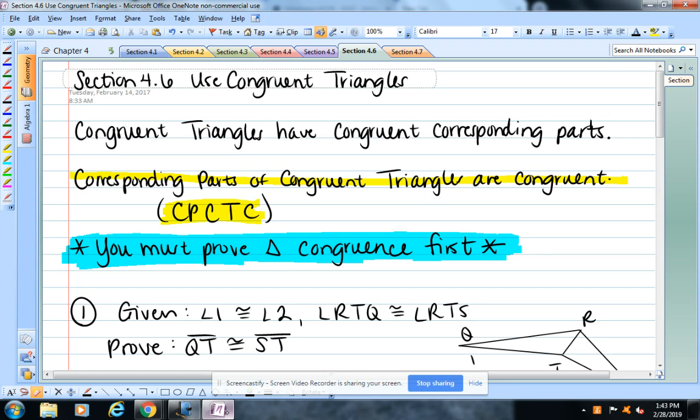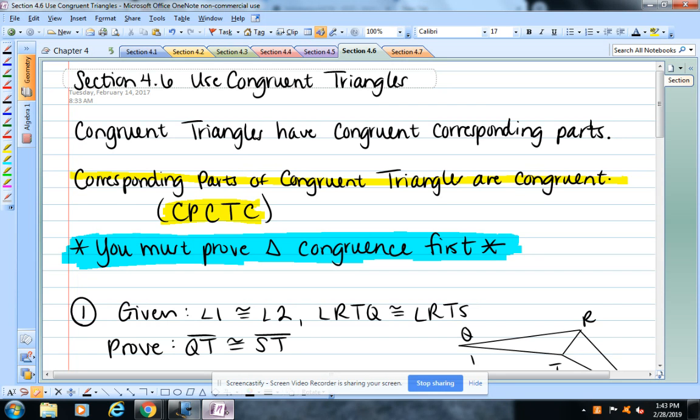So after you have proven triangles are congruent, you can say certain parts of those triangles, either angles or sides, are congruent by using CPCTC. Y'all say it, CPCTC. And that means corresponding parts of congruent triangles are congruent. That's what that means. So when you write that as a reason, that's what you're saying. Corresponding parts of congruent triangles are congruent.